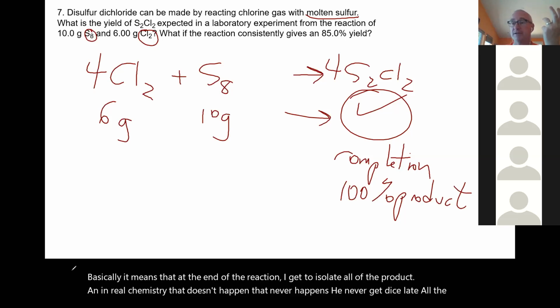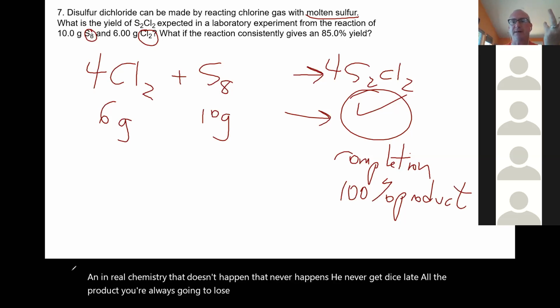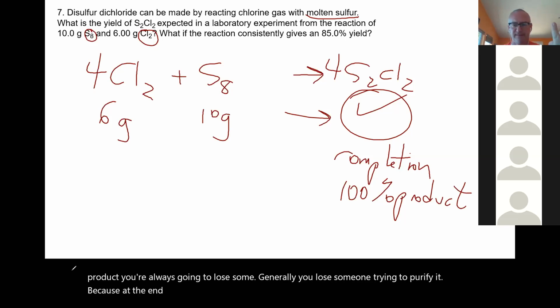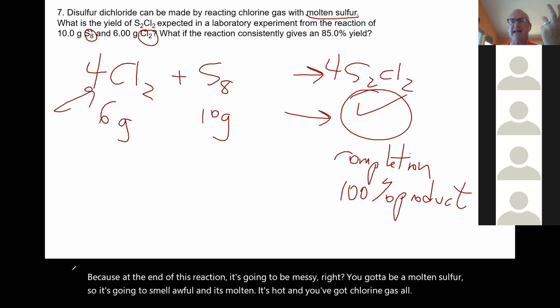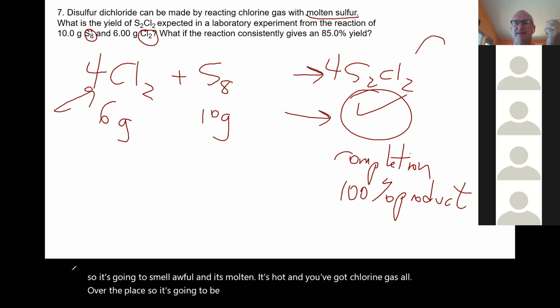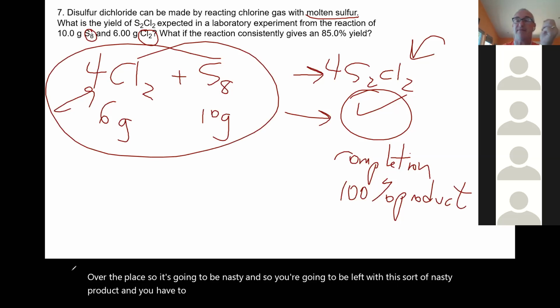You're always going to lose some. Generally, you lose some in trying to purify it. Because at the end of this reaction, it's going to be messy, right? You've got molten sulfur, so that's going to smell awful, and it's molten, it's hot, and you've got chlorine gas all over the place. And so you're going to be left with this sort of nasty product, and you have to separate it from all this other stuff.